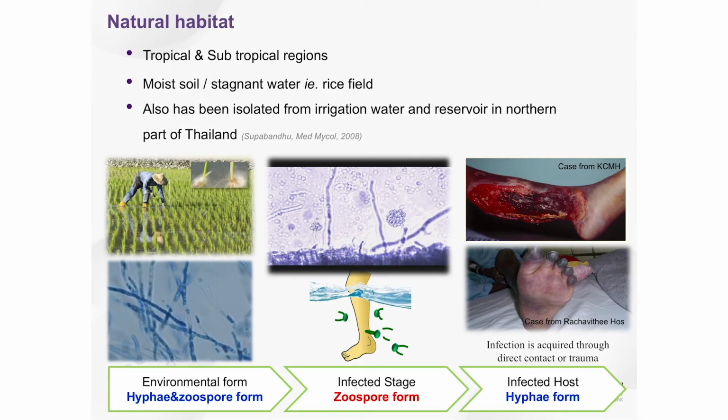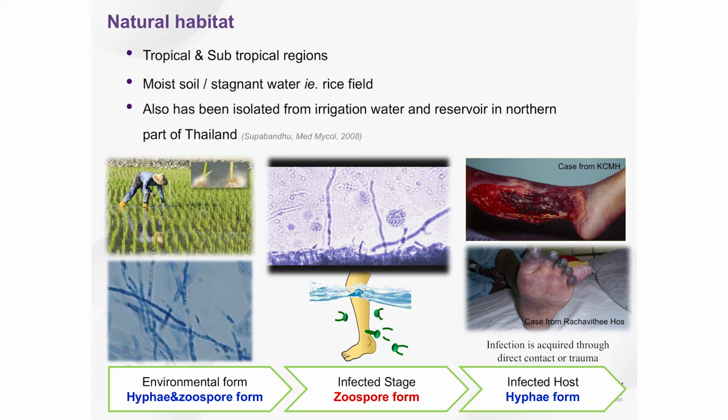The natural habitat is normally in the agricultural area or in the dam and around the roots of plants, in the hyphae form. We, especially those with an underlying disease, just get into their natural source, right? And with a trauma, the zoospore will attach to the lesion and then invade and cause the disease.